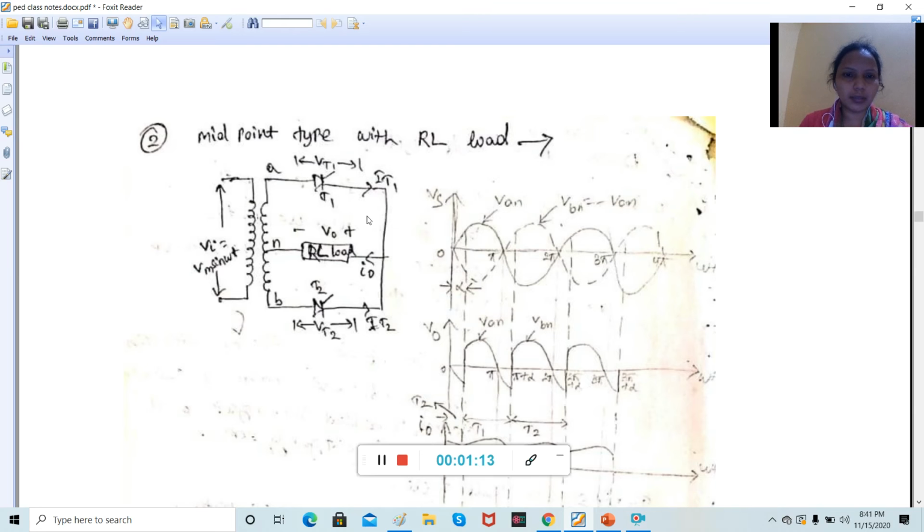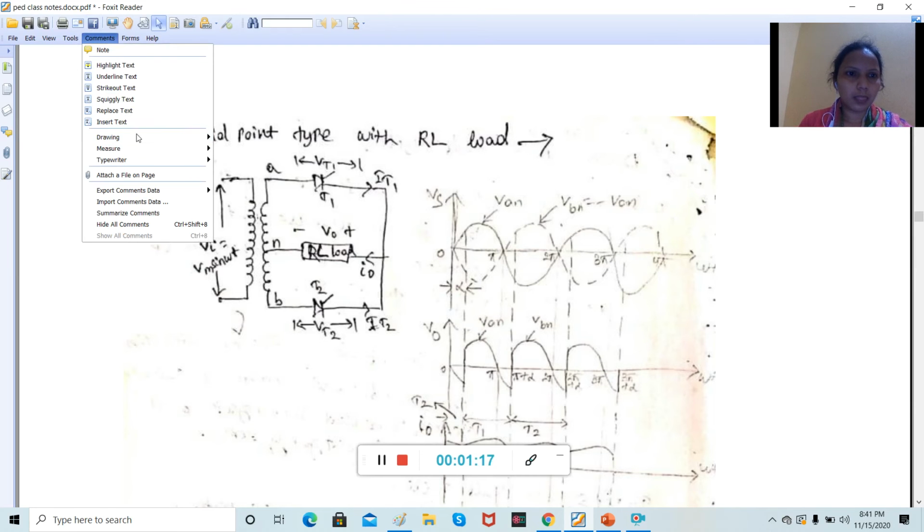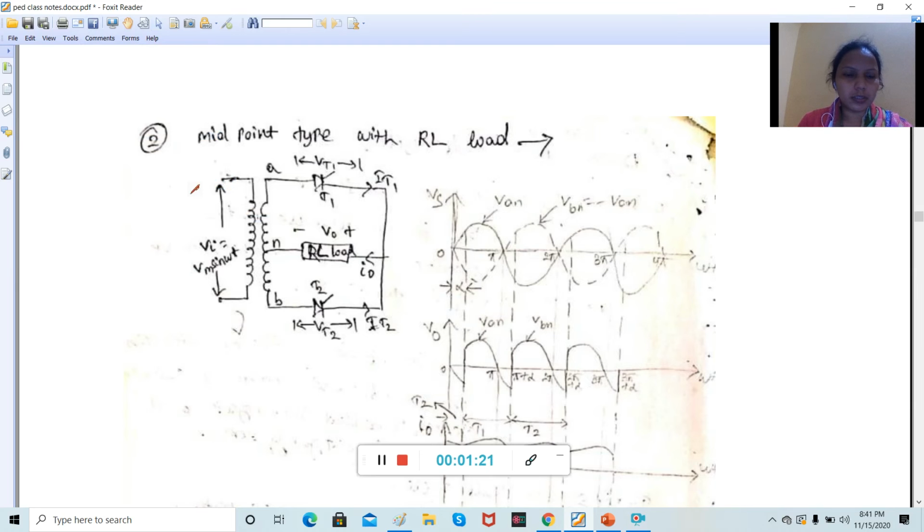So here the circuit diagram is this one. Here this is the supply side, this is the plus point, this is the minus. The supply is Vm sin omega t. Here it is the single phase transformer, primary side, secondary side.